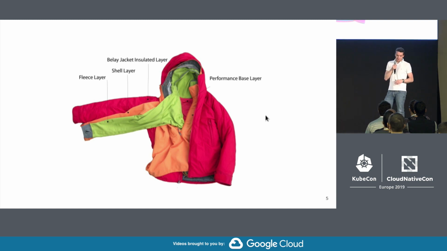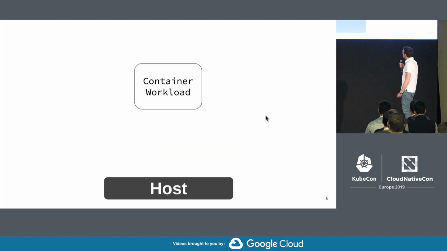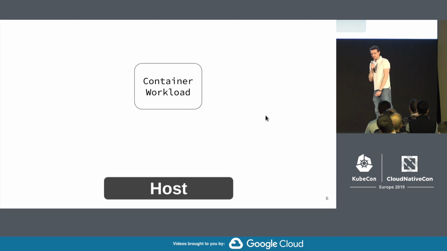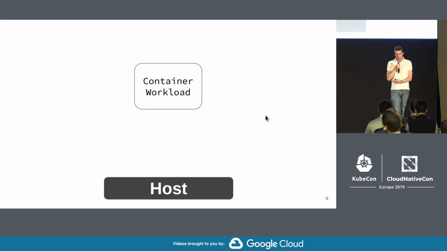So the reason why we're talking about VMM and hardware virtualization today is because we want to define hardware virtualization and VMMs and hypervisors in general as a container isolation layer, as yet another container isolation layer. So what I mean by container isolation layer, I'm going to just explain that quickly. Typically, when you run your container workload on the host, you obviously want to isolate, well, contain your workload and prevent it from reaching other workloads and reaching the whole resources.